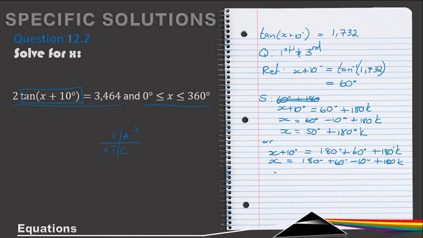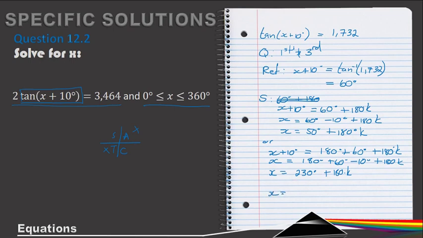So to simplify for x, 180 plus 60 gives us 240, minus 10 gives us 230 degrees plus 180k.